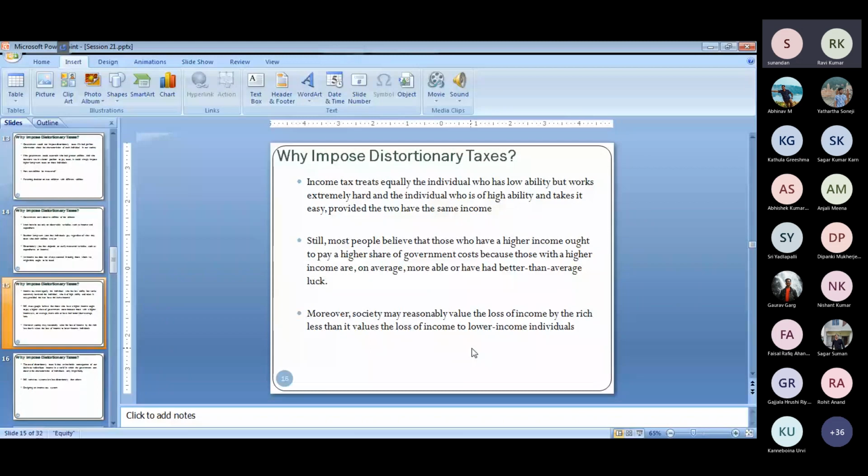Suppose you are putting a uniform tax in a uniform income bracket. But still, from a societal point of view, most of the time you ask any person, apart from Elon Musk, who is vehemently opposed to this idea, that if you earn more, you should pay more tax.